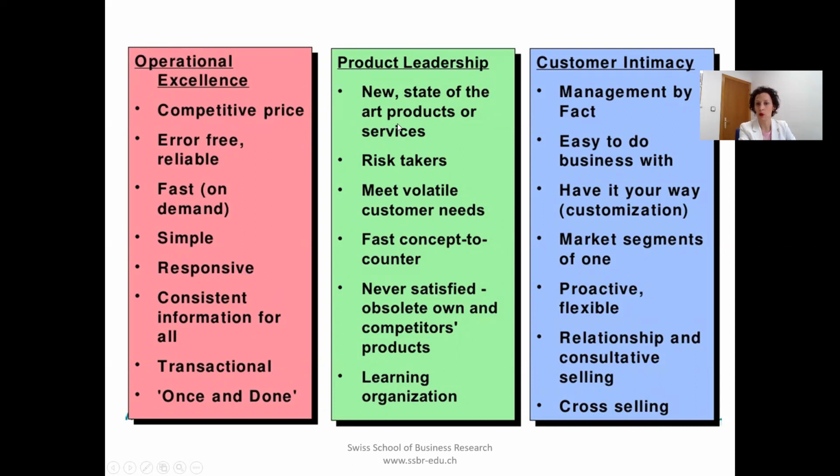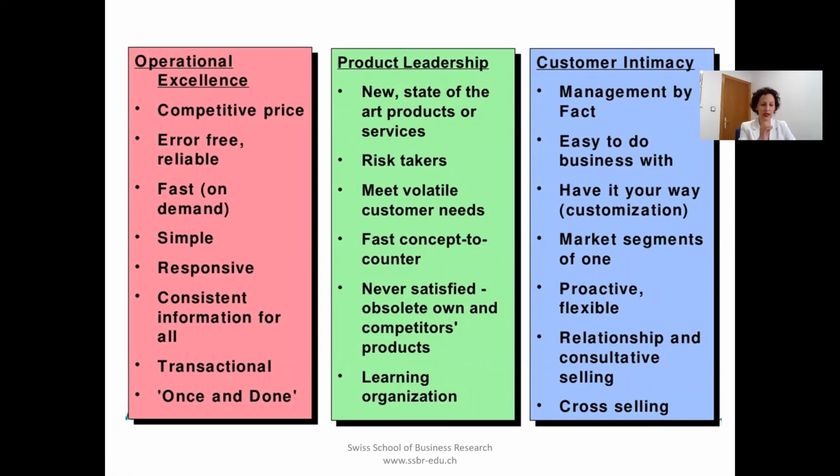Companies such as Apple or Tesla, who have a product leadership approach, have very innovative, new, state-of-the-art products. They take risks. They have some failures. They meet volatile customer needs. They are always up to date on what the customer needs and are willing to risk and make a product based on those needs.